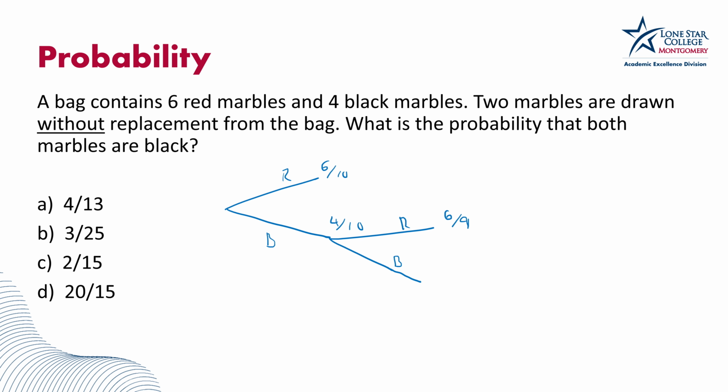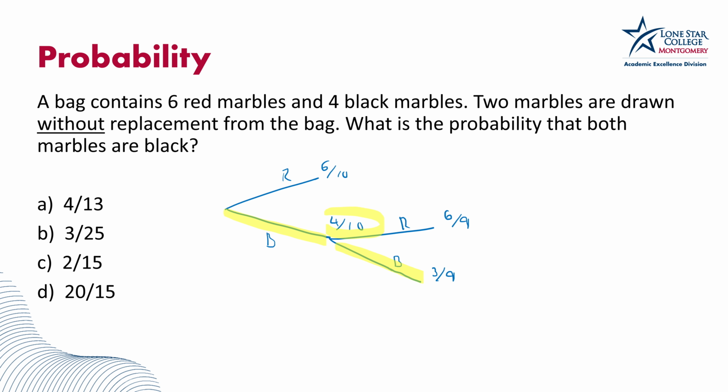And if you picked a black marble, there are only 3 black marbles left out of a total of 9. Because the question asks for the probability of picking both black marbles, we go the same route: the first one here and the second one here.